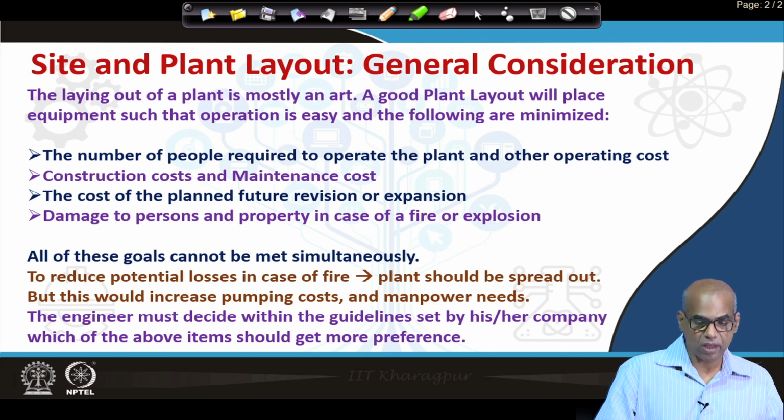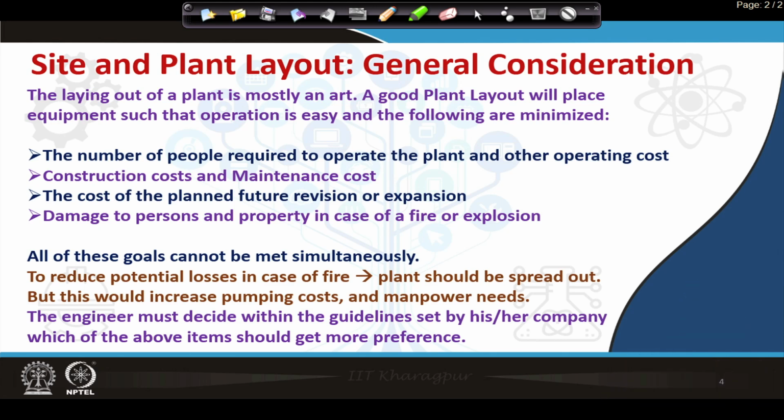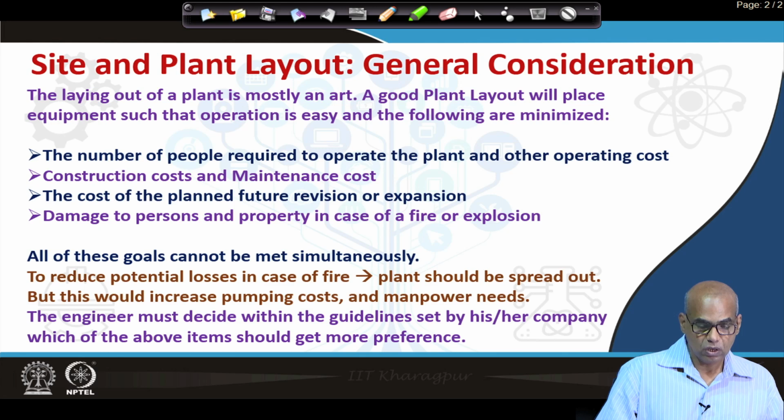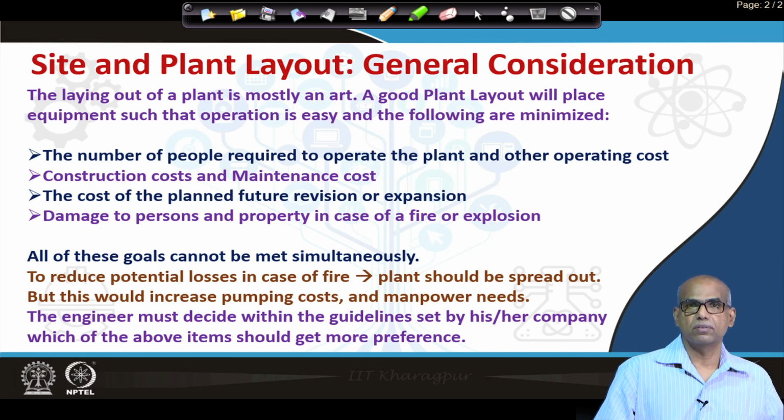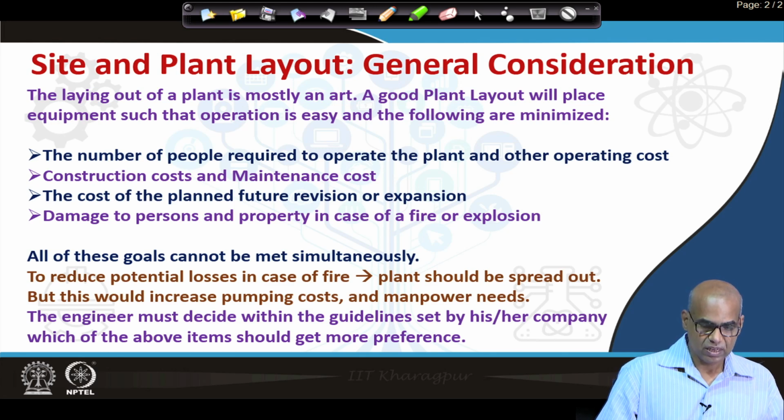The engineer must decide within the guidelines set by his or her company which of the above items should get higher preference. So, it is a multi-objective problem. There is no single objective on which you can decide what should be the best plant and site layout. You have to consider various factors.